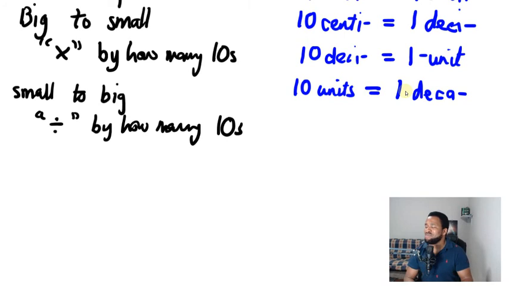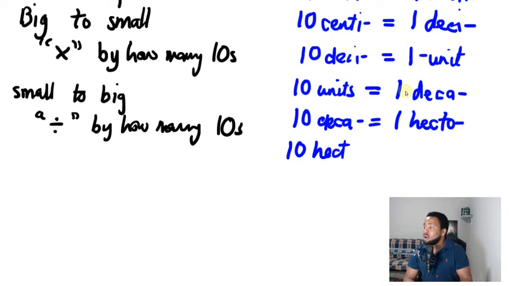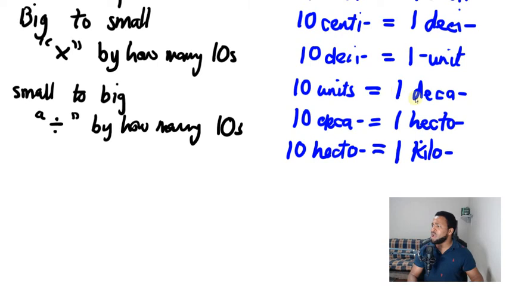So please keep that in mind. And then next here is 10 deca units give you 1 hecto unit, and finally 10 hecto units give you 1 kilo unit. So please keep this pattern in mind.